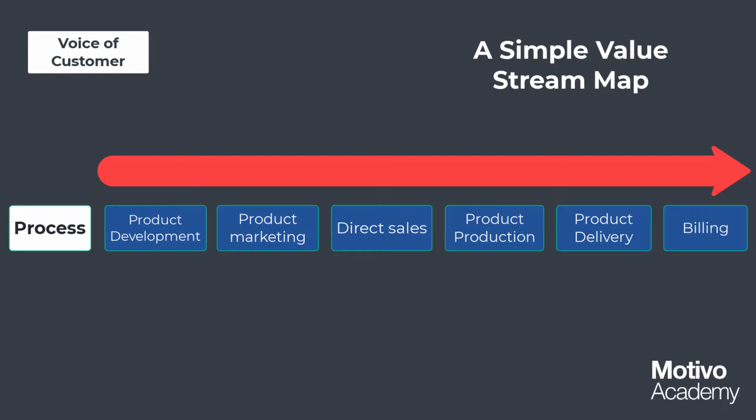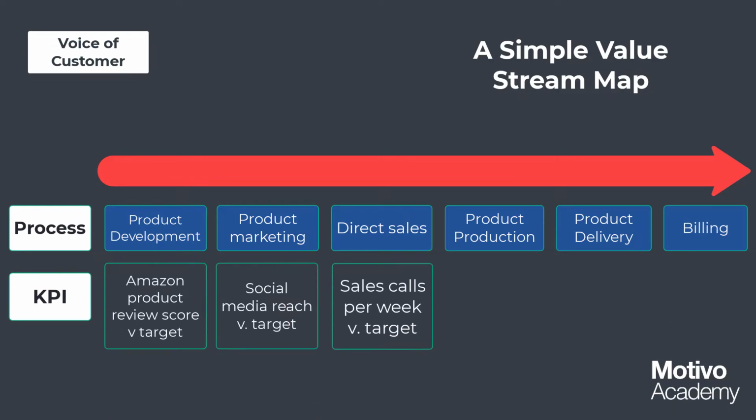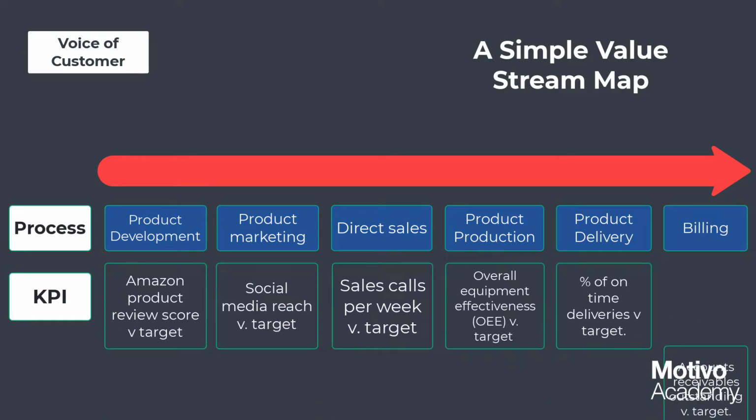Now, in each of those processes, we need to measure the effectiveness of that process. For example, for sales, we want to know whether it's working, so we need to look at leading indicators of future financial success. As I mentioned, number of sales calls would be the leading indicator.